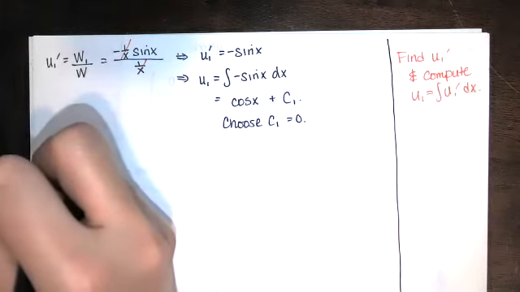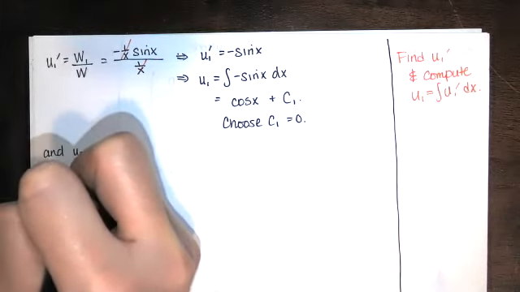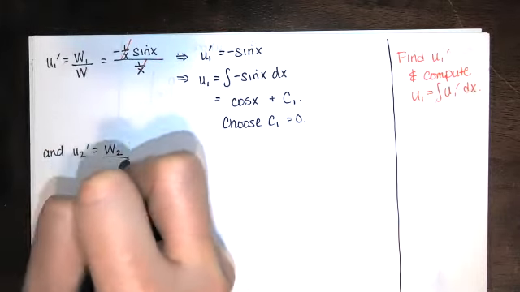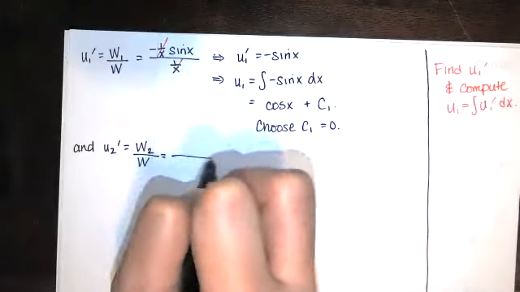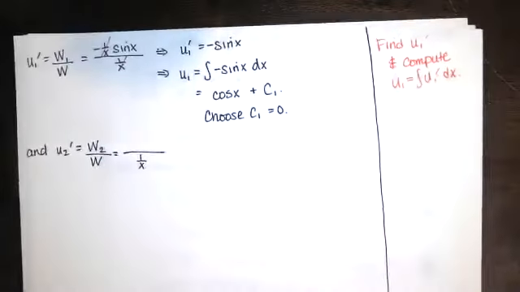Okay, so that's U1 prime, and U2 prime is similar, but we use the W2. W is still 1 over x. W2 is 1 over x times cosine of x.